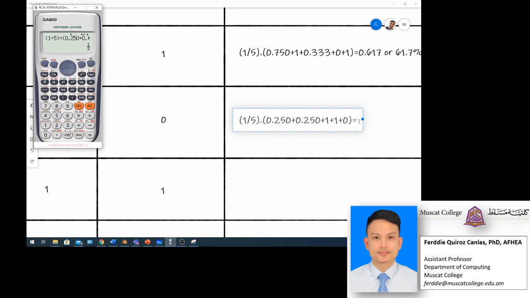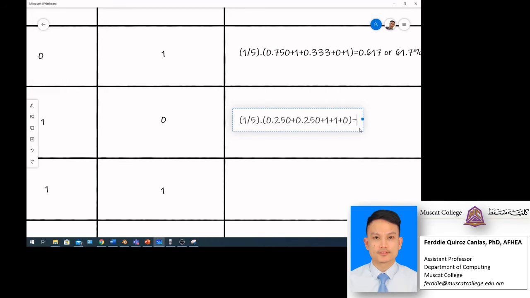One half. So we'll get 0.500, or simply this is equivalent to 50%.